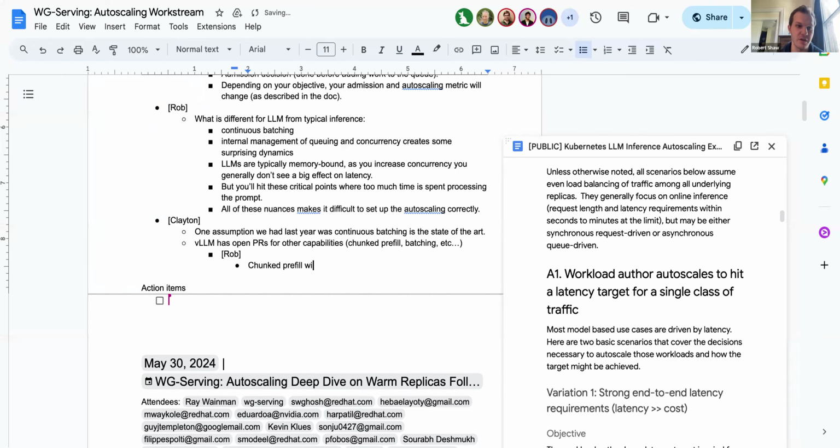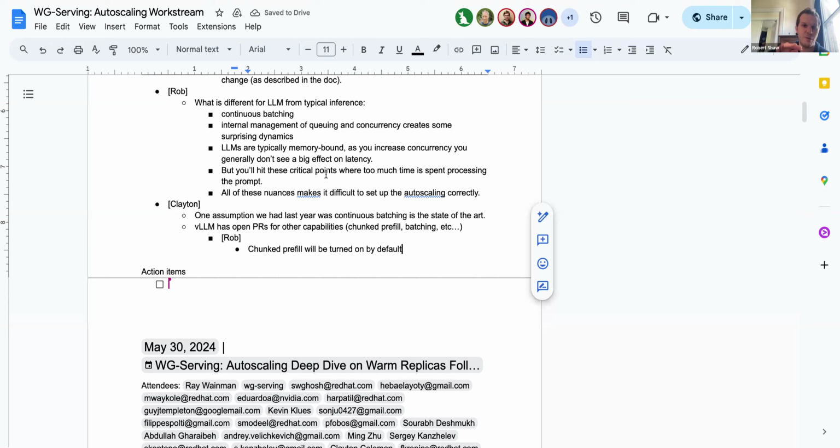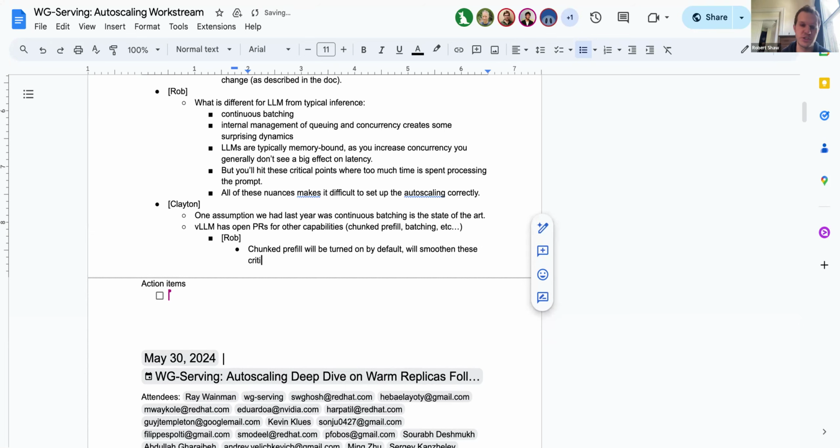Specifically, what chunked prefill is trying to do is push this critical threshold to higher request rates, and make the path from where we are now, where you can get overloaded very suddenly and not be able to catch up, happen more smoothly. It's in beta right now while we iron out any issues, just because it's a big change.